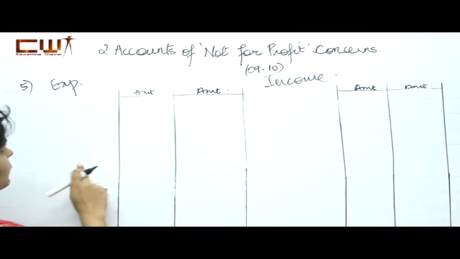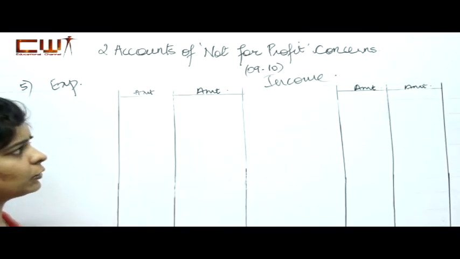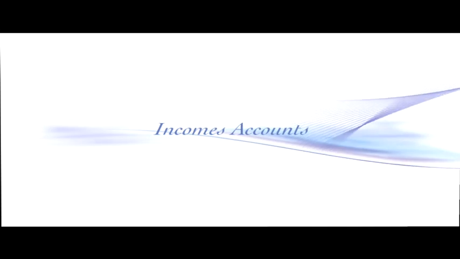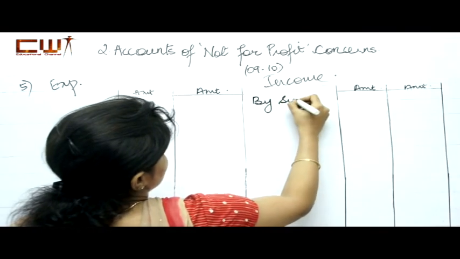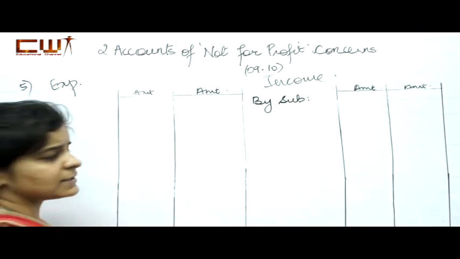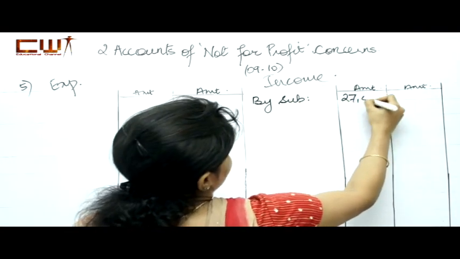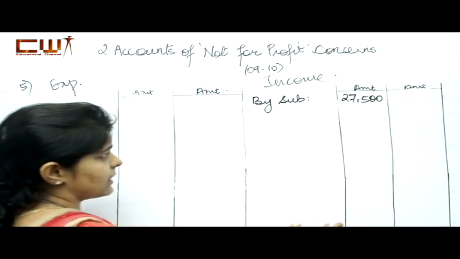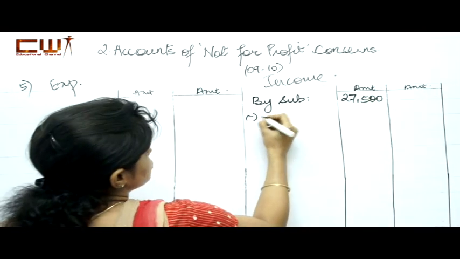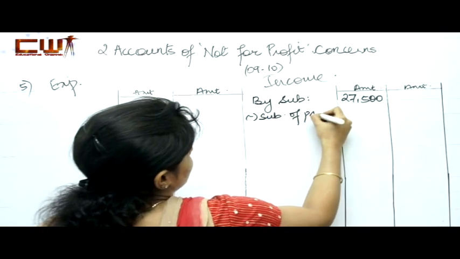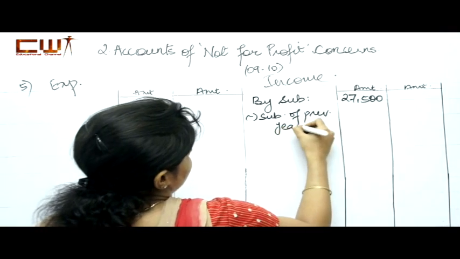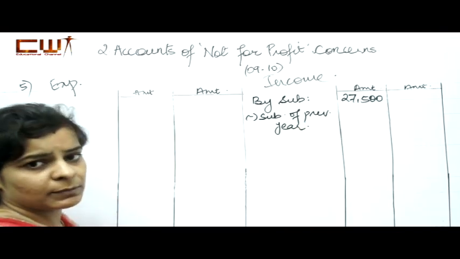We will first solve the fifth numerical. We will do the income side first. Subscription they have given, how much? 27,500. They have given the subscription of the previous year and the next year. If they don't belong to this year, both will be subtracted.